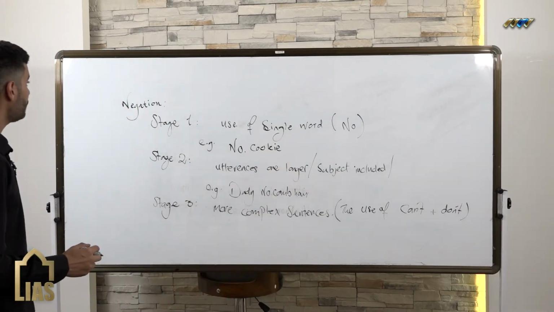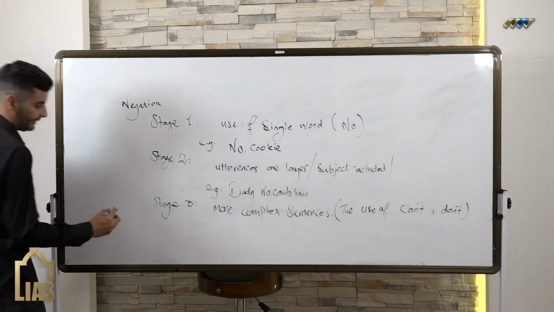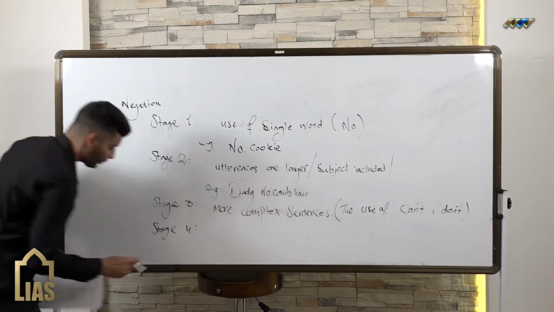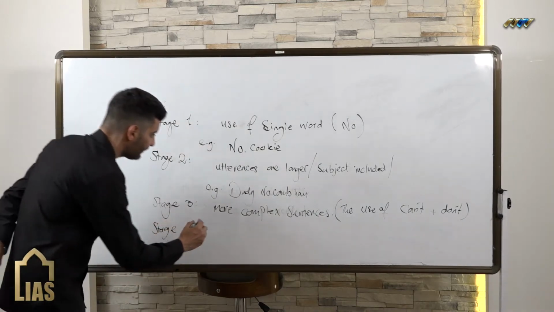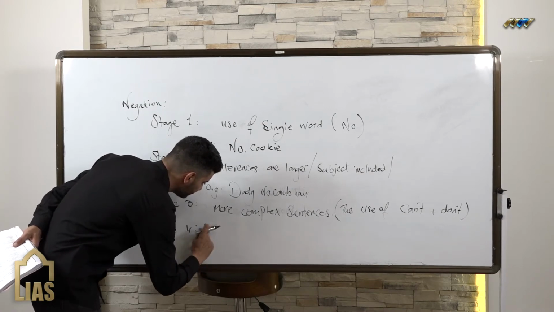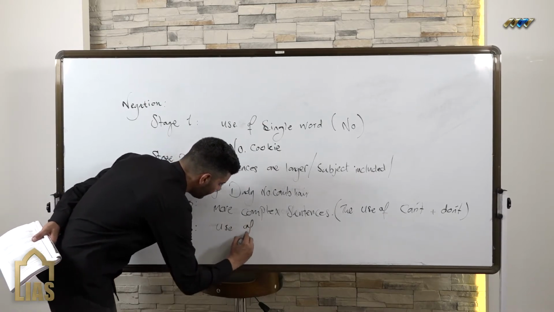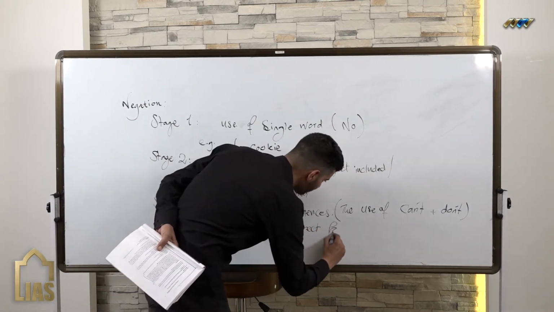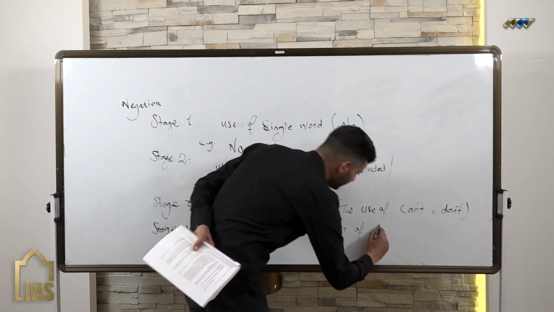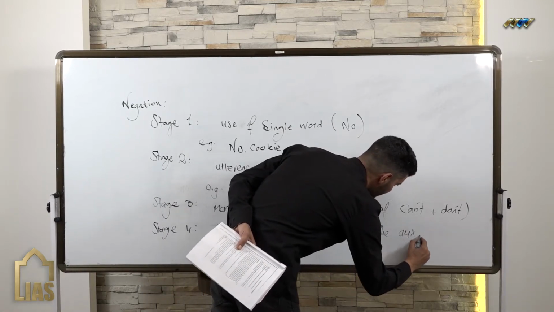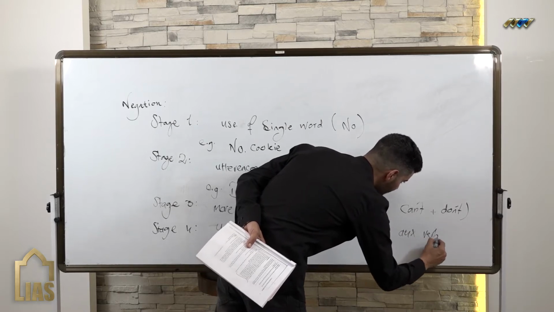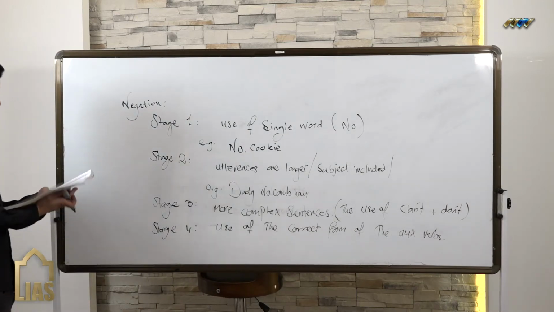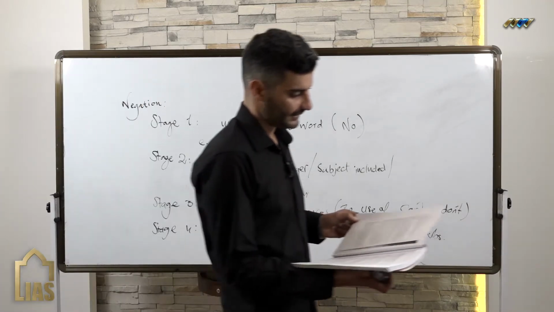Stage 4: use of the correct form of the auxiliary verbs. That's the last one.